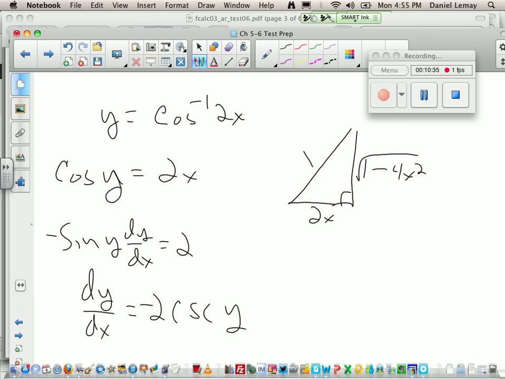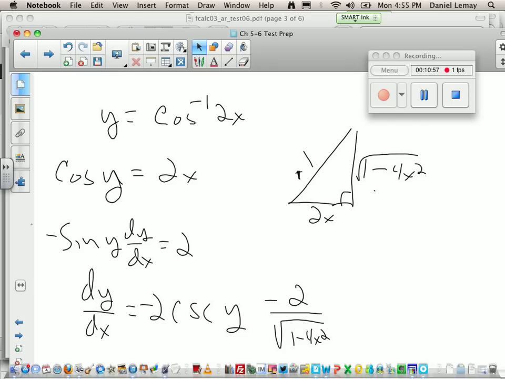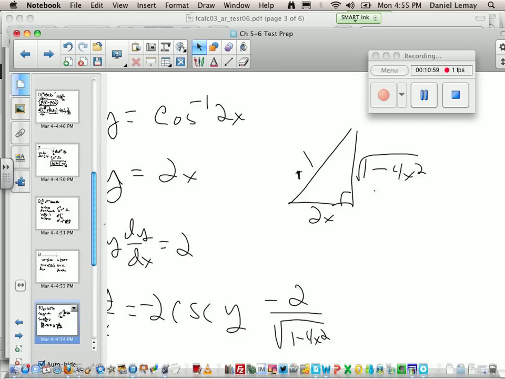So the cosecant is hypotenuse over opposite. So that tells me it's negative 2 over, that should be plus, right? Negative 2 over the square root of 1 minus 4x squared. So we're going to remember that and come back to our other page there.